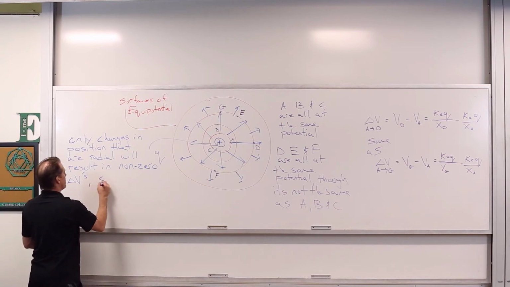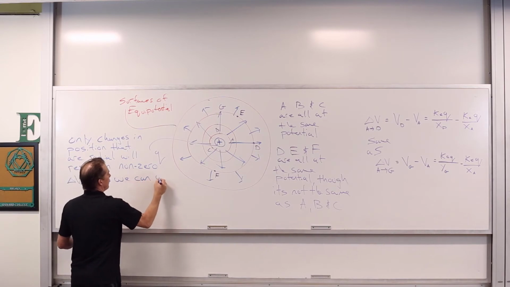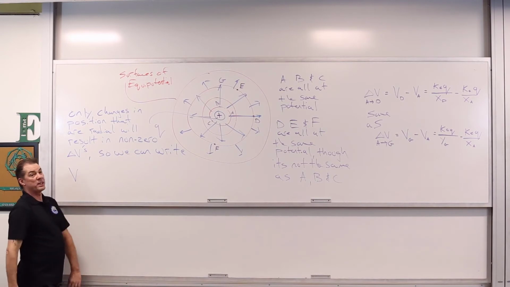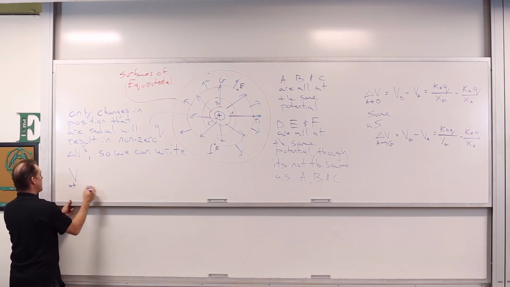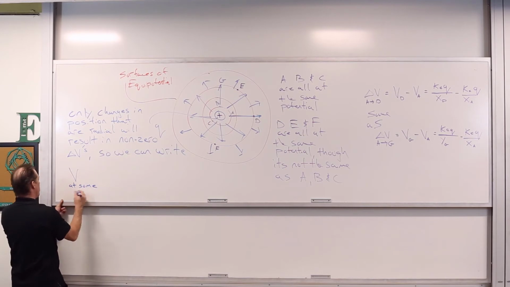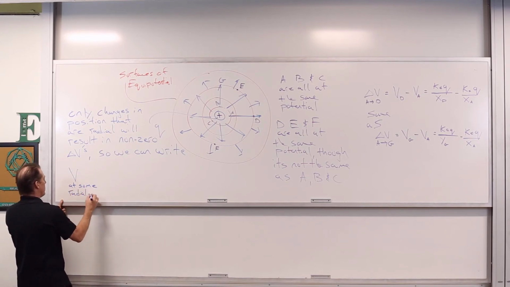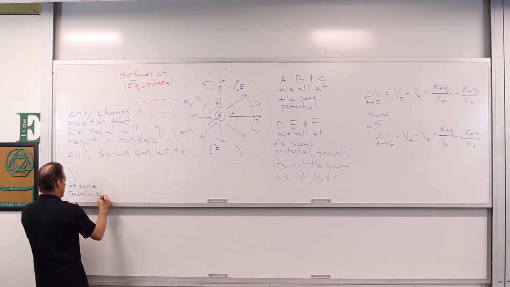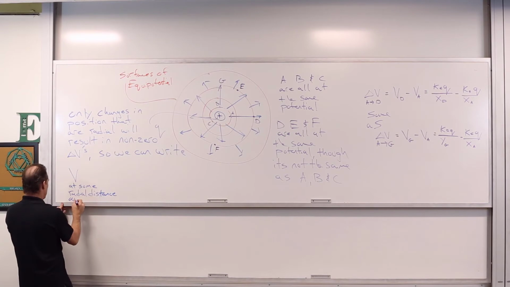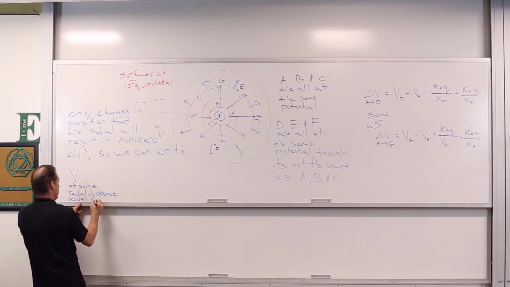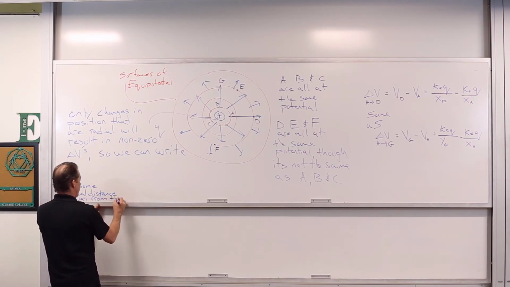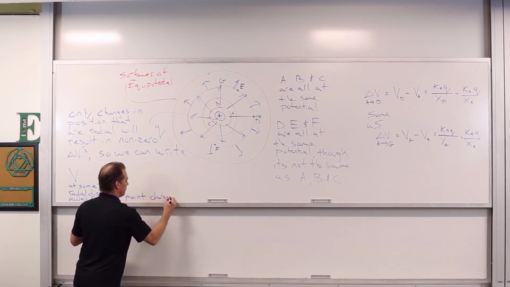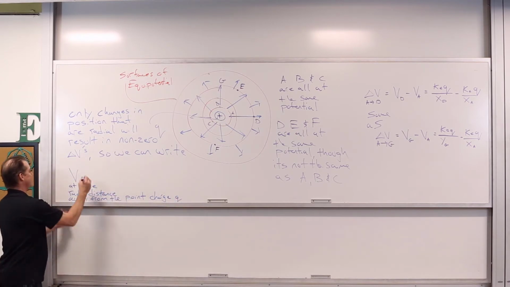So we can write the potential at some radial distance away from the point charge Q. That's a big subscript, huh?